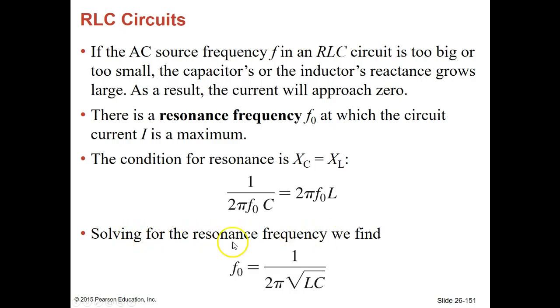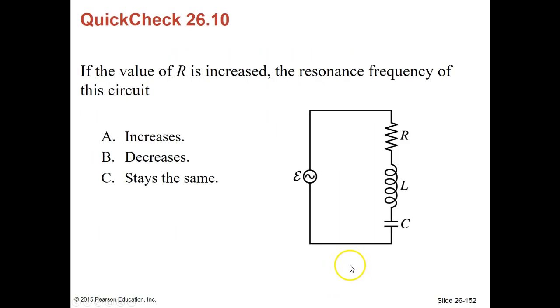So if I want to solve for resonance, I would just combine my two equations and I end up with this. The resonant frequency, where the two reactances are equal, is f equals 1 over 2 pi times the square root of L times C.